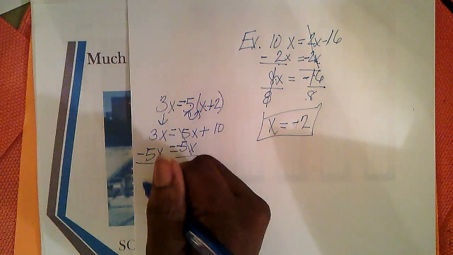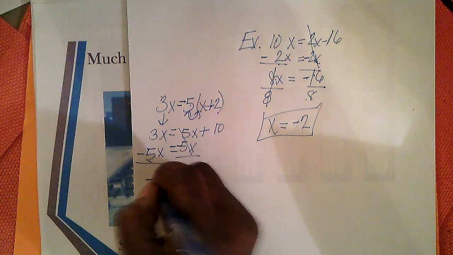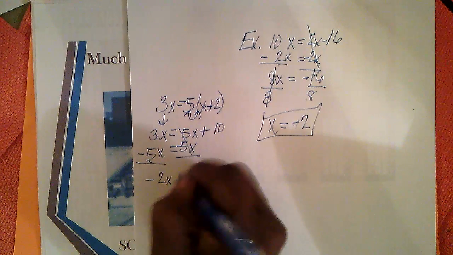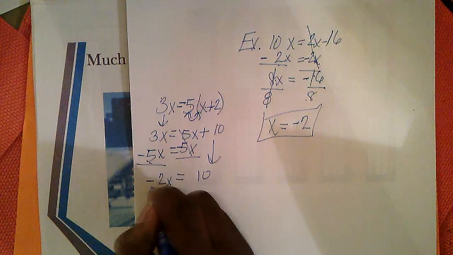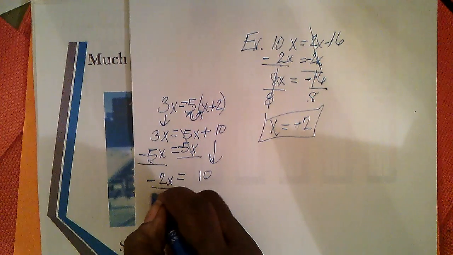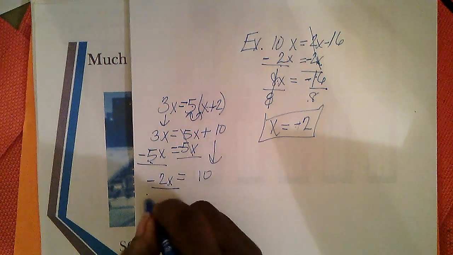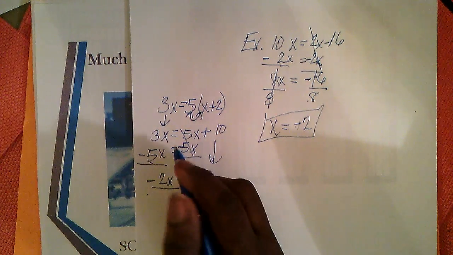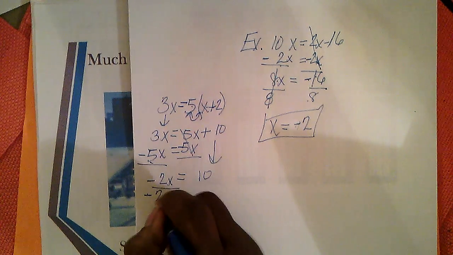So 3 plus a negative 5 gives you a negative 2x. Then we bring down our 10. Negative 2 is multiplied by x, so we do the inverse operation, the opposite. We divide by negative 2.